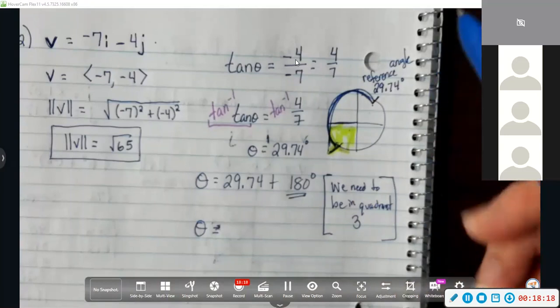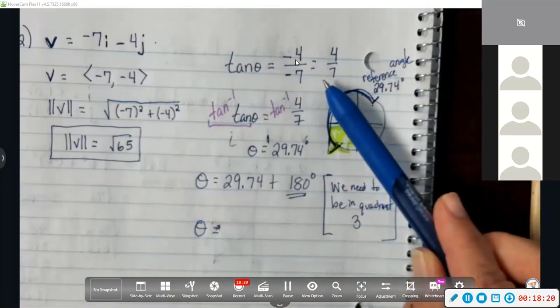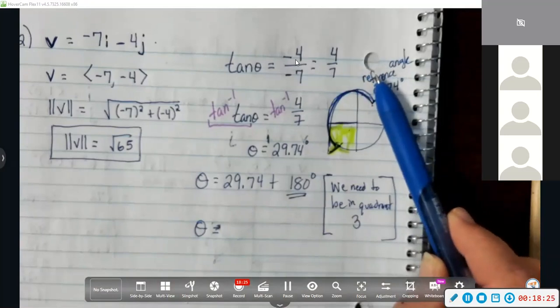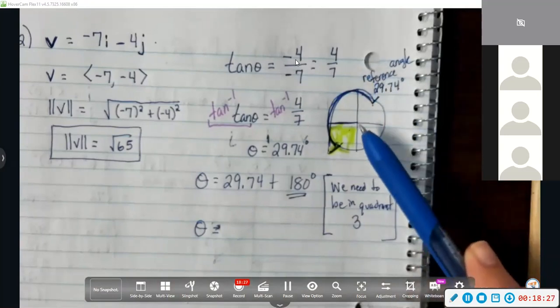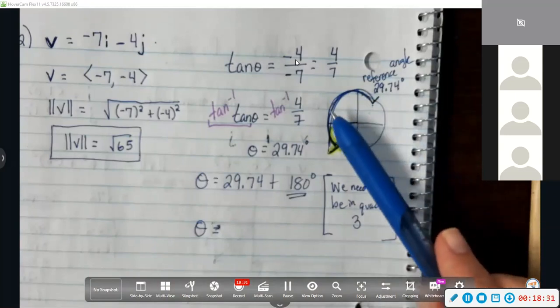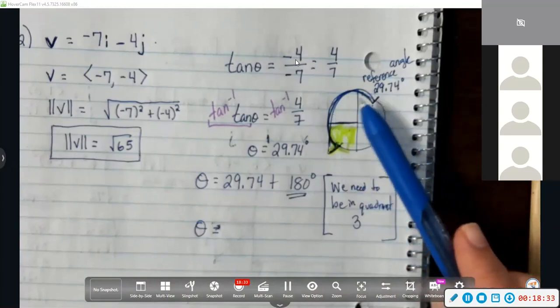Now, would you add any other value there? Let's suppose I was over here in the second quadrant and I needed to go to my reference angle. Or what if I'm in the fourth quadrant and I need to go to my reference angle?